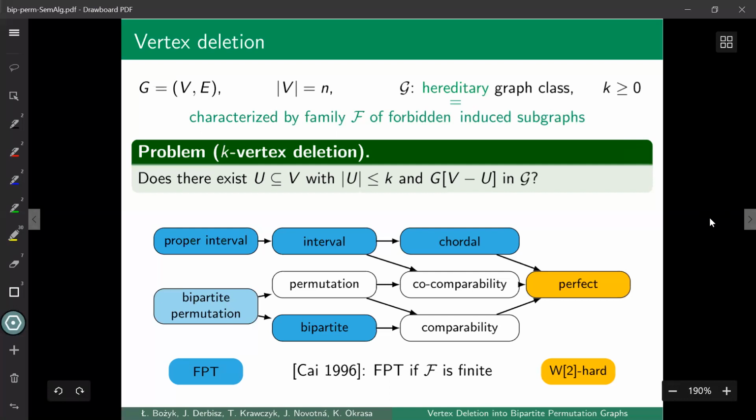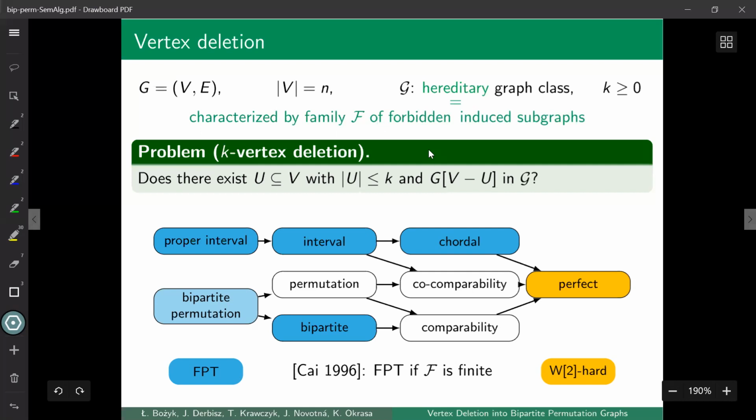So the generic approach would be to try to delete all the forbidden copies of our forbidden graphs from our graph G. However, if the family is infinite, then we still need to do something more. We can only reduce the graph by finitely many of them. And this is nice, but for classes whose forbidden families are infinite, this approach doesn't work, though it works for pretty much every graph class defined by a finite set F.